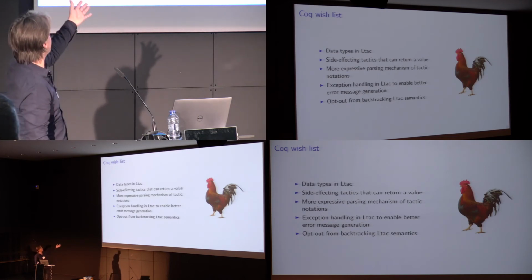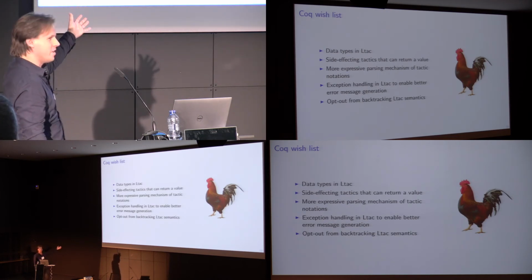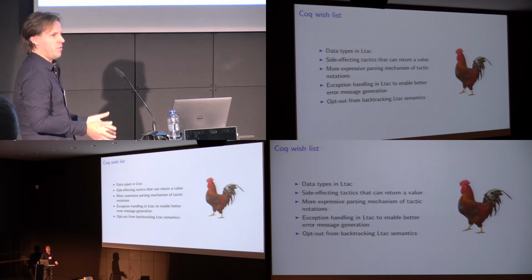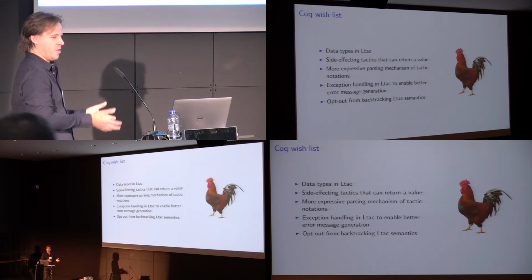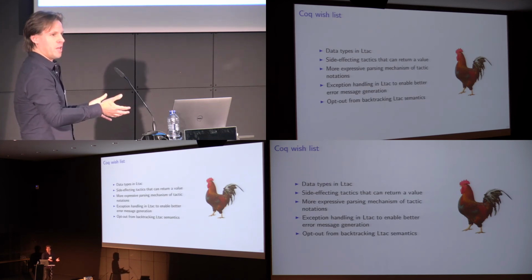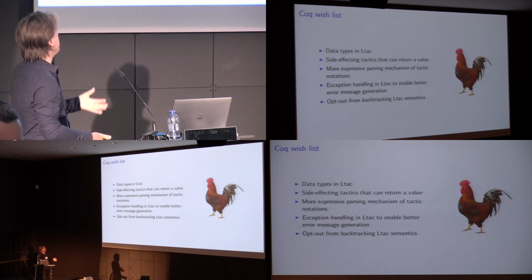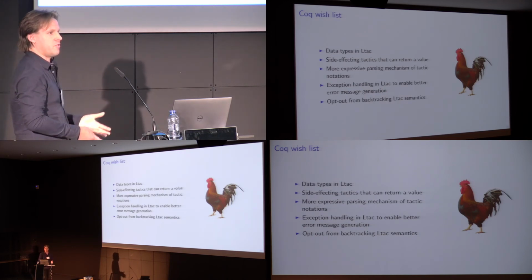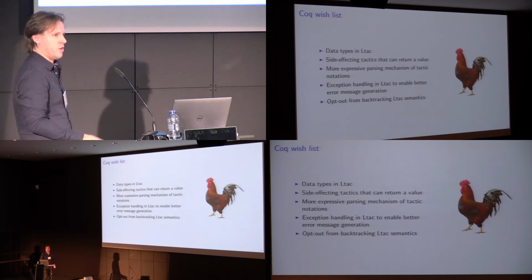This is a wish list of what I want to have in the future. The main thing that I really want is Ltac to be a sensible programming language with a sensible semantics and sensible programming language features like data types, exceptions, and if I would have that, then there are several hacks that can be removed.